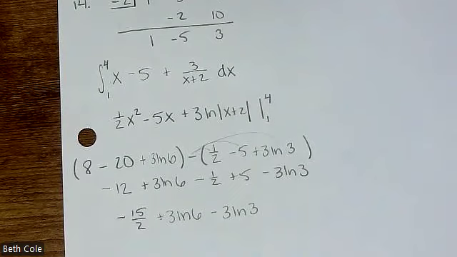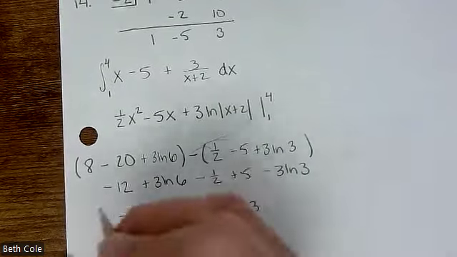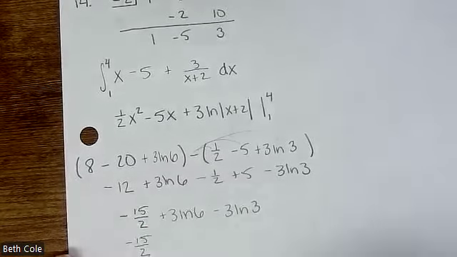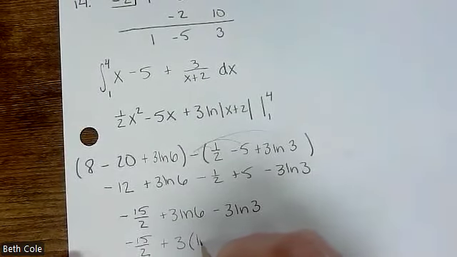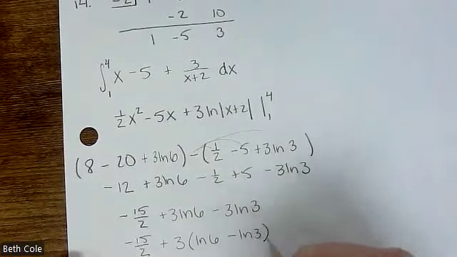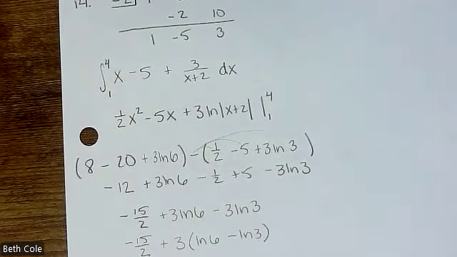Let me see how far they went with that. Oh, you know what? I have a mistake on my answer key. I missed a negative sign, because I didn't have that as subtracted. Well, here's what I would do. I don't know how far it goes. I would factor the 3 out of those. And then for subtracting, that means you divide. Adding means you multiply, subtracting means you divide. It's your exponent rules.